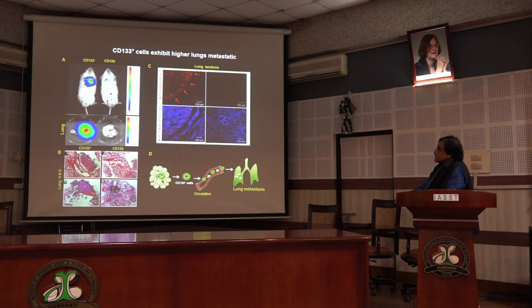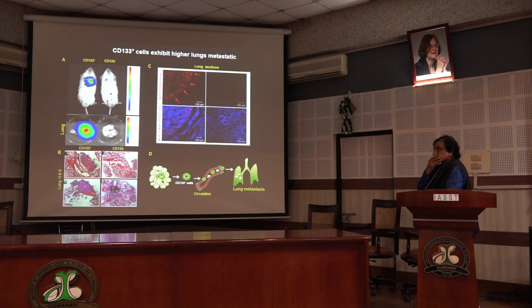This is an intravenous injection, and as you can see in panel A, the CD133 positive cancer stem cells are directly going to the lung because these are IV injections. And once you remove that lung and do ex vivo imaging, you can see here, written lung. So we have that ex vivo imaging of the lung from CD133 positive metastatic lung versus negative.